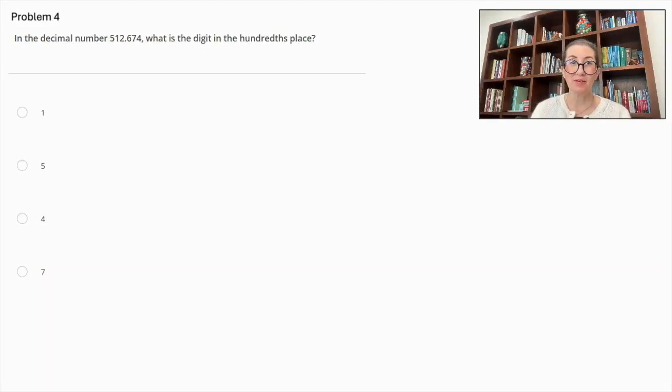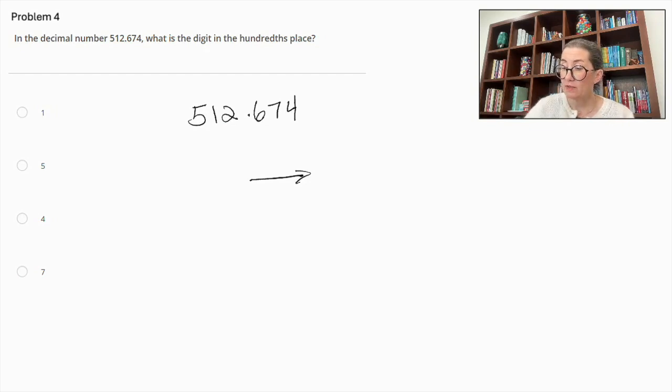Problem number 4. In the decimal number 512.674, what is the digit in the hundredths place? So let's write the number down. 512.674. And we're looking at the hundredths place. So we know that is going to be on the right side of the decimal.